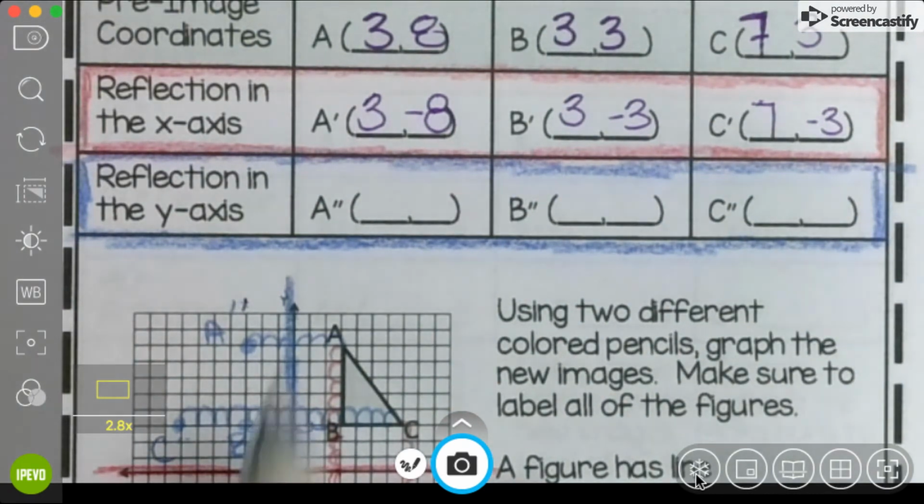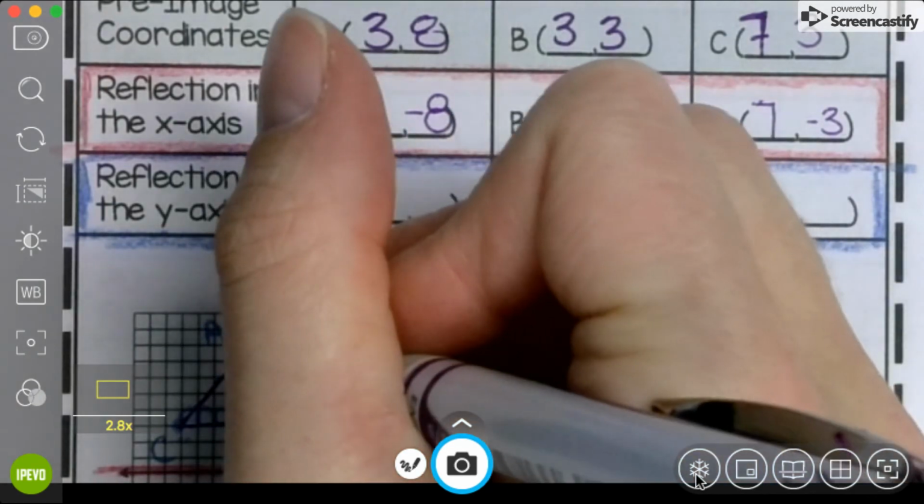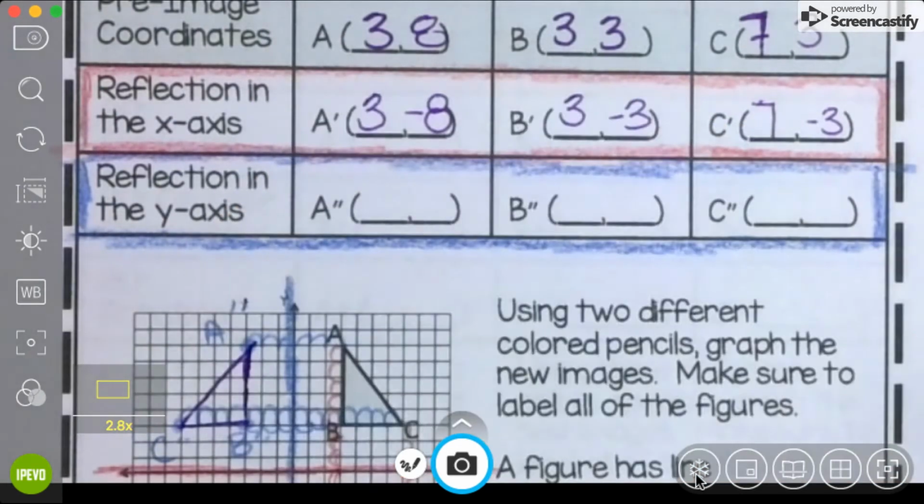Okay? And again, if I draw my triangle, the size of it did not change. It's just the hypotenuse, which is the longest side, is now facing the opposite direction. Okay? And same thing, let's figure out what our x and y coordinates are.